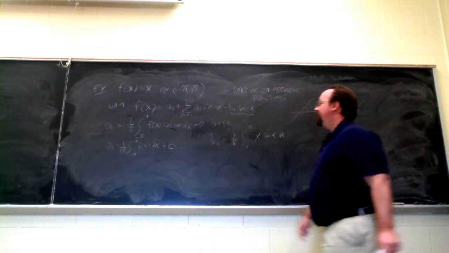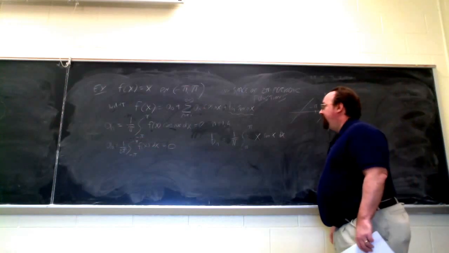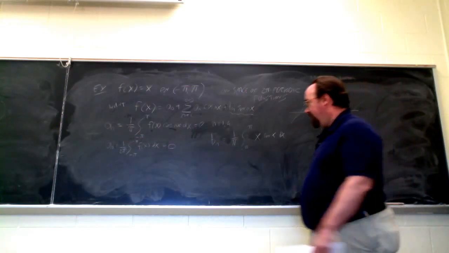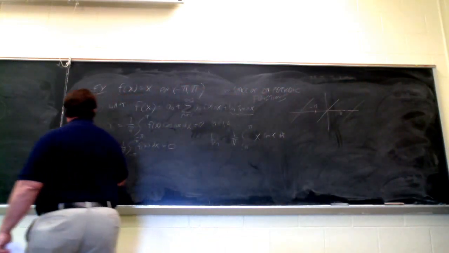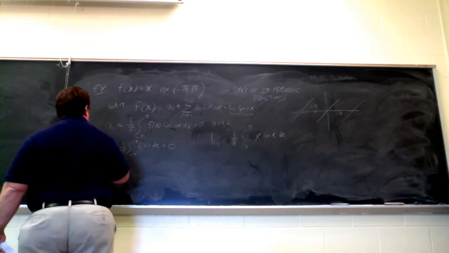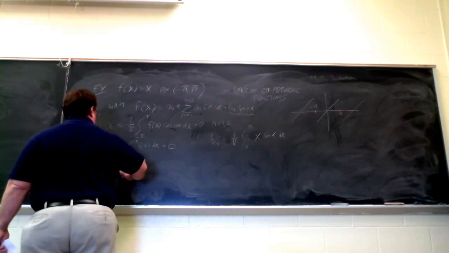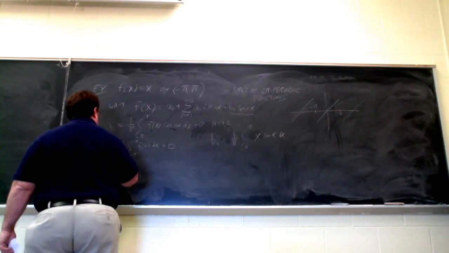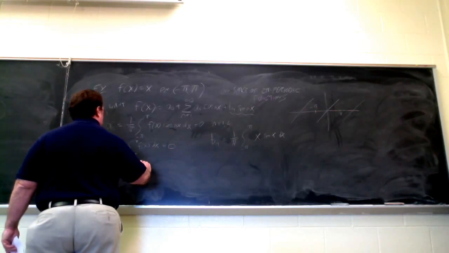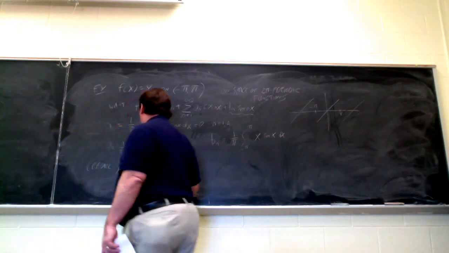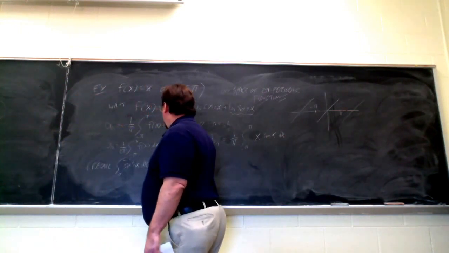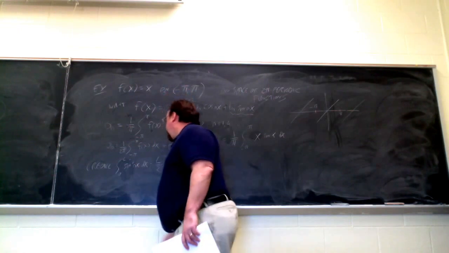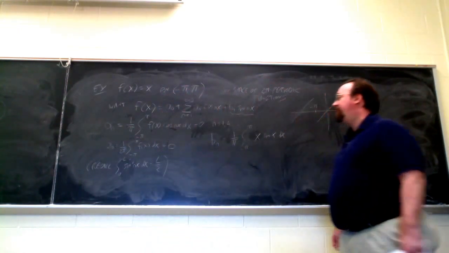Well, 1 over pi comes about because, something like this came up before, the integral from 0 to L of sine squared nx dx is L over 2. In this case, L is equal to 2 pi.